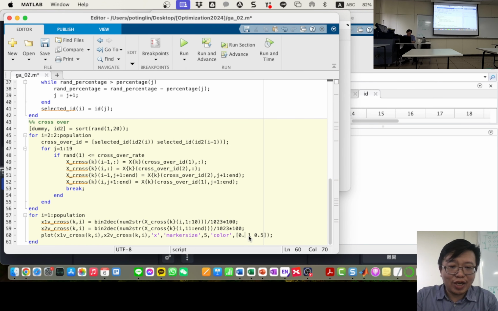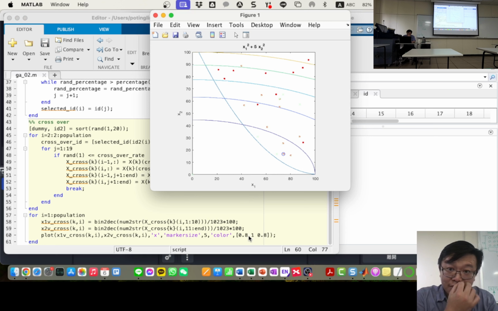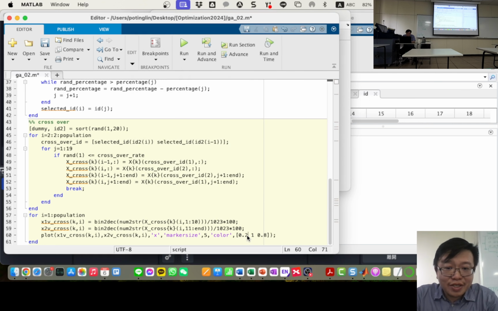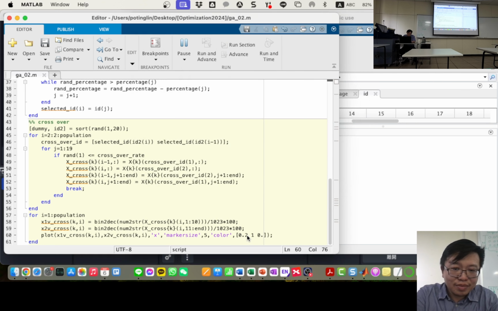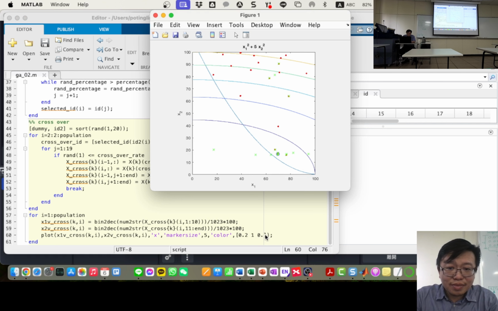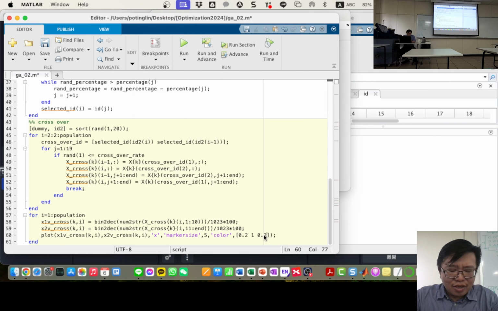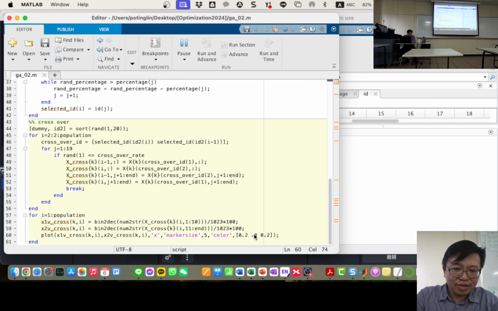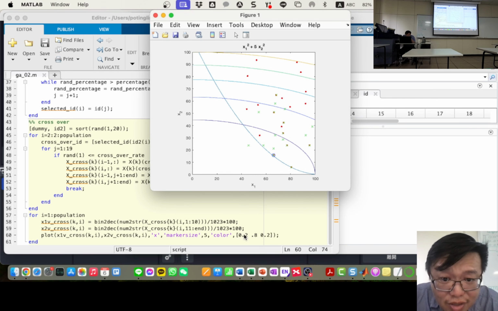I'm gonna make it darker. Oh, very light. What's the color for dark green? This. Okay, I think it's better.